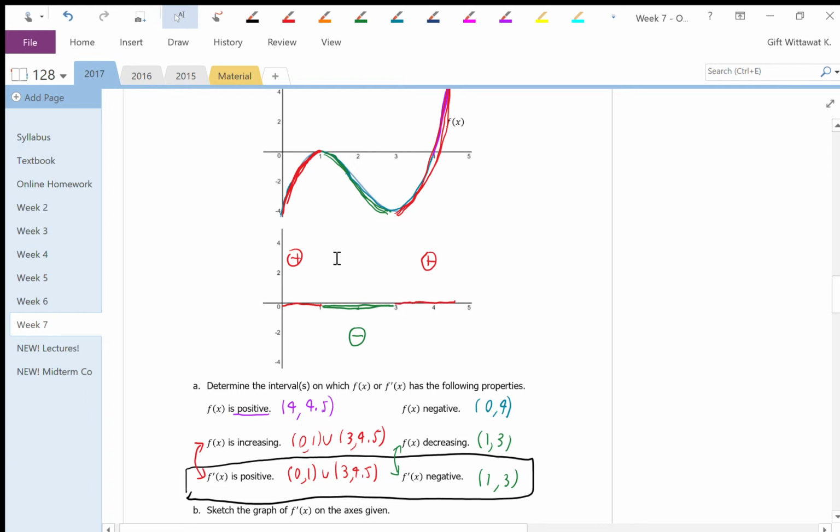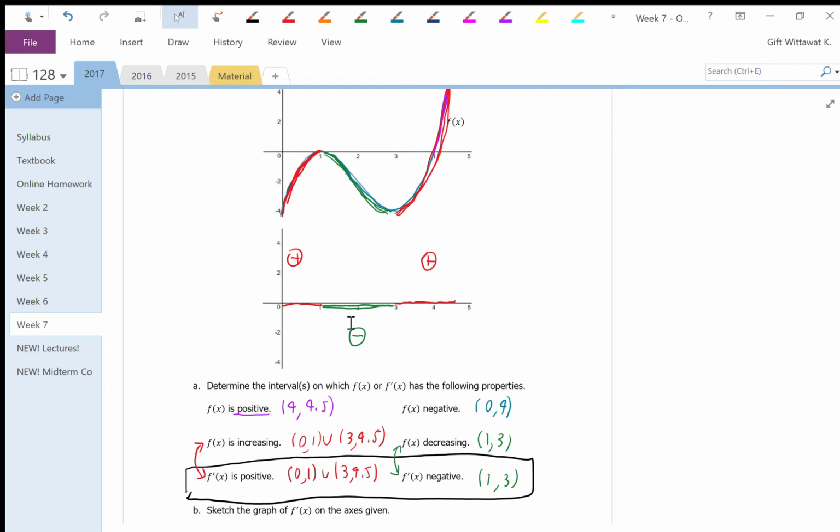Now, my function goes down from 1 to 3. Because it goes down, the derivative is negative. Because the derivative is negative, if I were to draw the graph, it has to lie below the x-axis at that point. So I don't know anything more about the derivative yet, but I know that it has to lie above the x-axis here, below here, and above here.